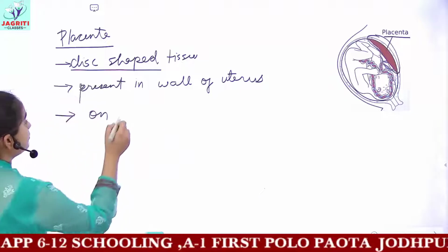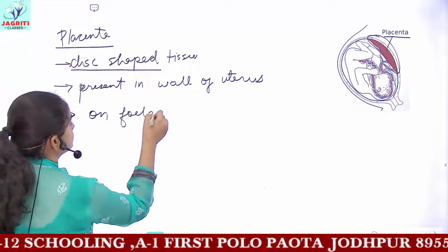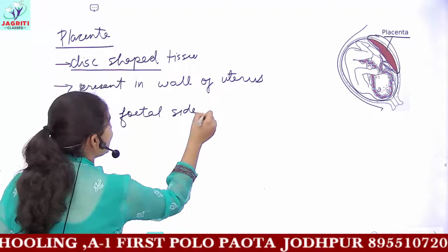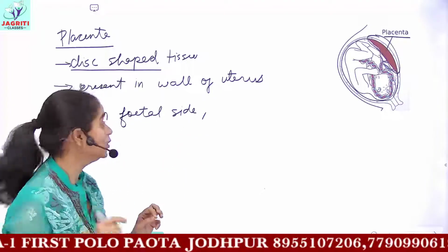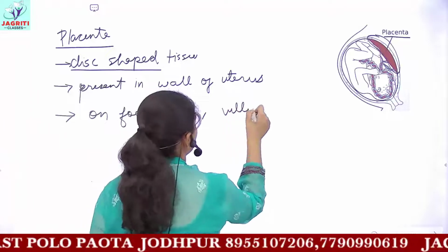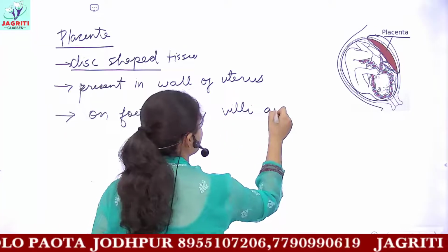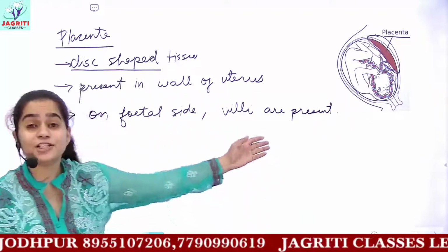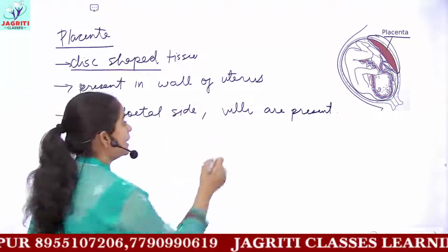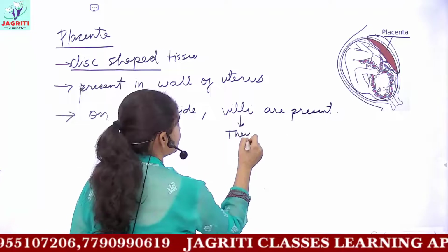So on the fetal side, this placenta contains many finger-like projections which are called villi. Numerous villi are present. And what are the functions of these villi? These villi increase the surface area.